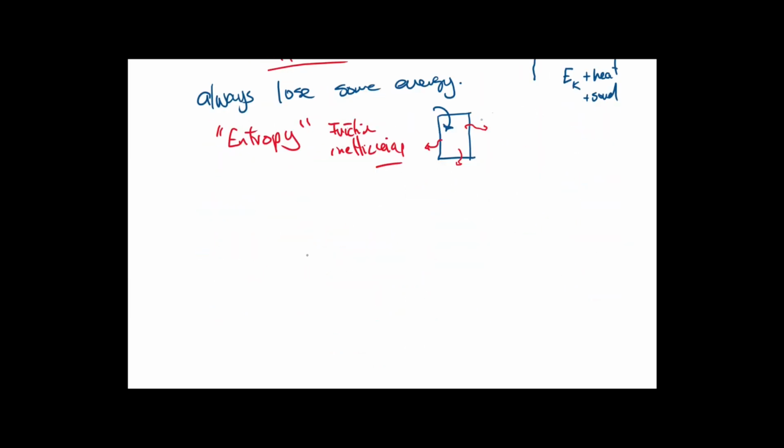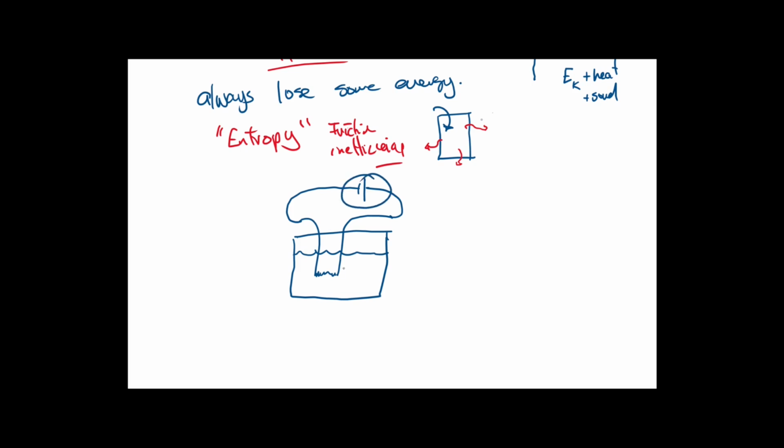So let's say we have a container of water. We have some water here, and we put a filament in there, and we run a battery through it so that it heats that water up. The energy from the battery will never completely go in here because we have wires that are going to heat up ever so slightly.